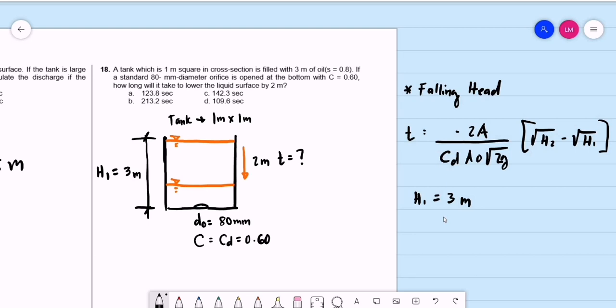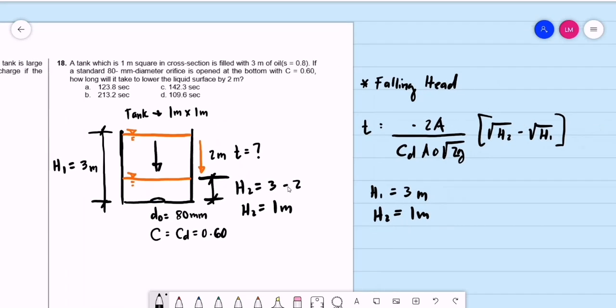If the liquid will go down by 2 meters, this will be the final height of the oil above the orifice. So our h sub 2 is 3 minus 2, then our final head, h sub 2, should be equal to 1 meter.